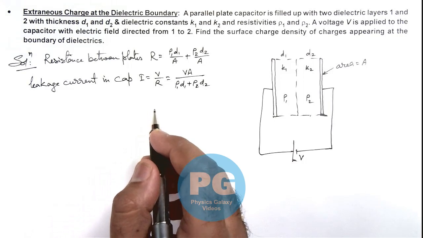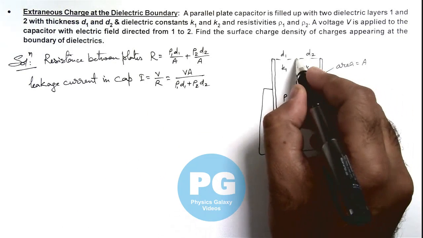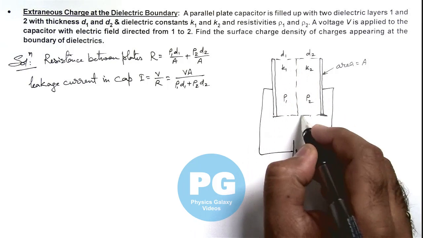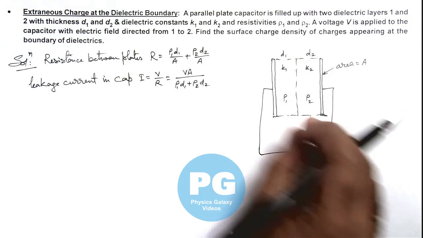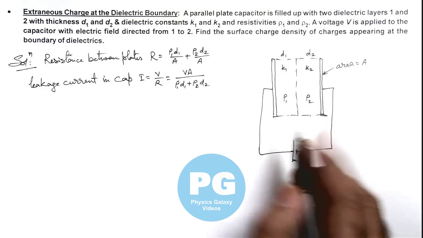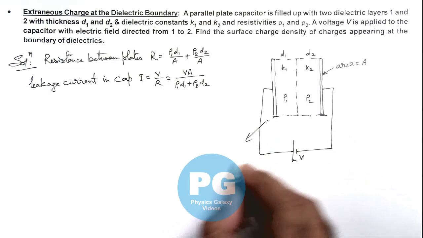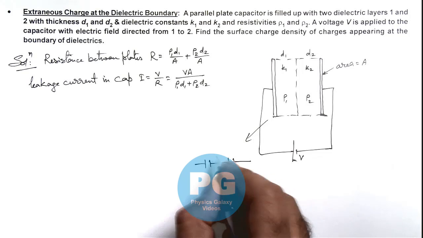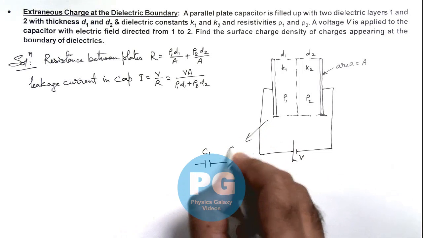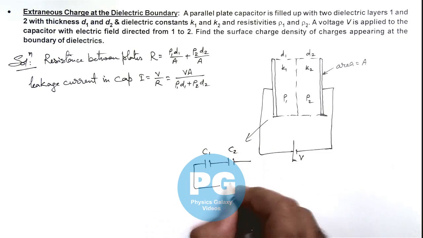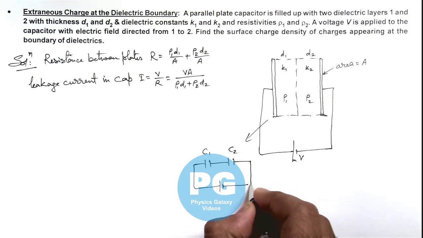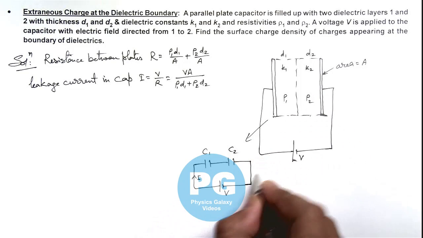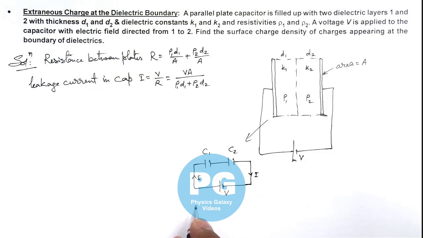Now if we wish to find the surface charge density of charges appearing on this boundary, we can split this capacitor into two capacitors considered in series. If I consider two capacitors connected in series, this is C1, this is C2, and they are connected across a battery of voltage V. Then we can see a current I is constantly flowing through the system.